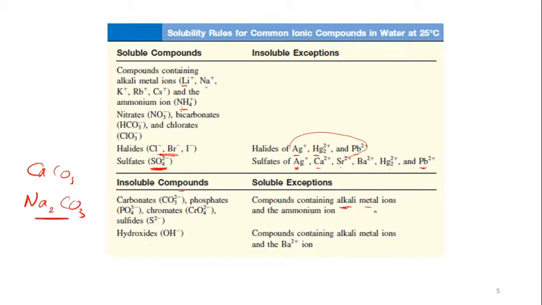So all alkali metal ions will dissolve. Also ammonium ions will dissolve. All hydroxides, like we see here, don't dissolve in water except for alkali metals again and barium ions. If they are forming hydroxides, they will dissolve.